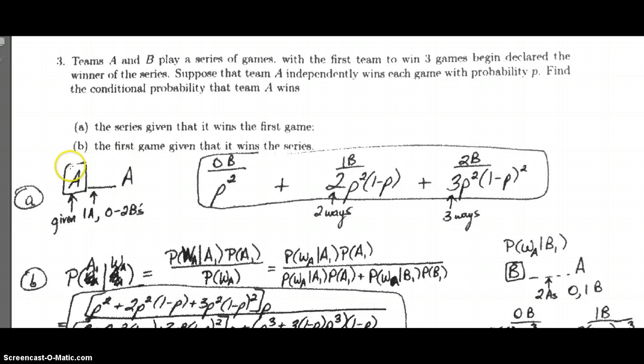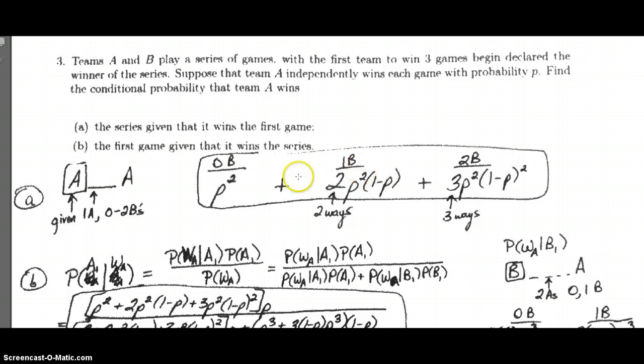Why don't I take in this A? Well, this one is a given already. So because it's already a given, we don't have to worry about that. We're living in a world where A has already won the first game. So instead of saying that A has to win 3, we can really say that A has to win 2 more. And if B doesn't win any, that's just P times P to give you P squared.